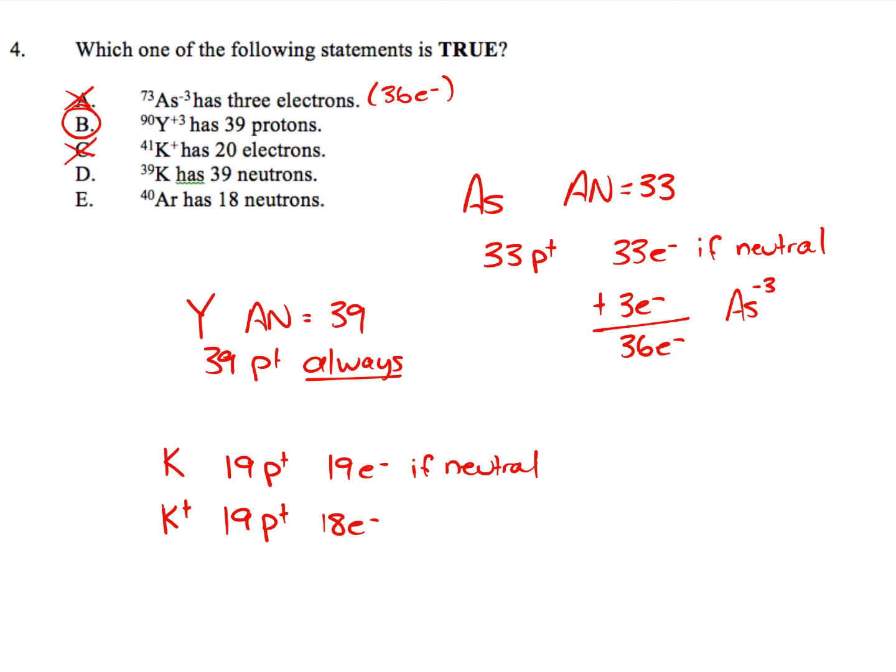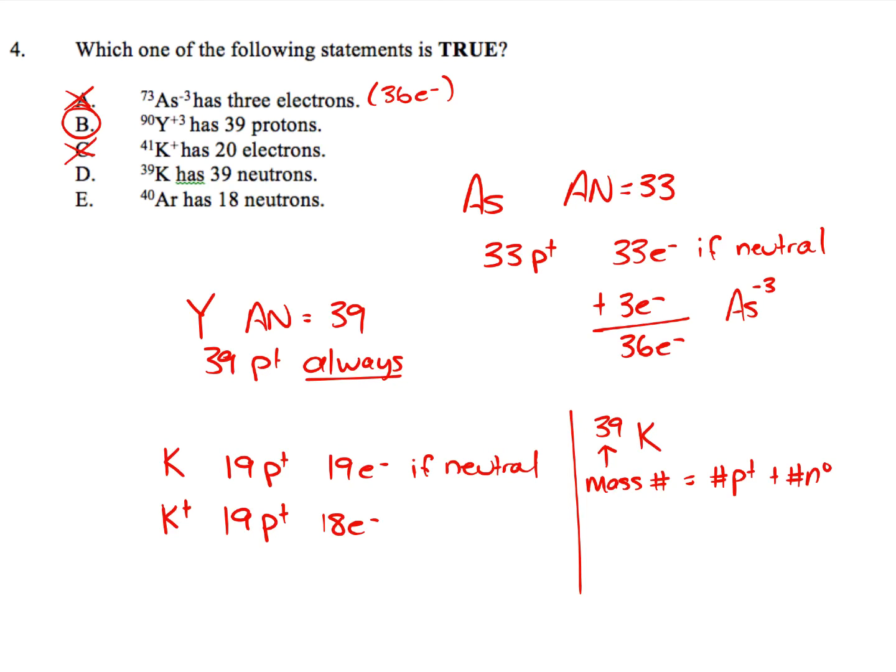39 potassium has 39 neutrons. Well, 39 is the mass number, and that is the number of protons plus the number of neutrons.